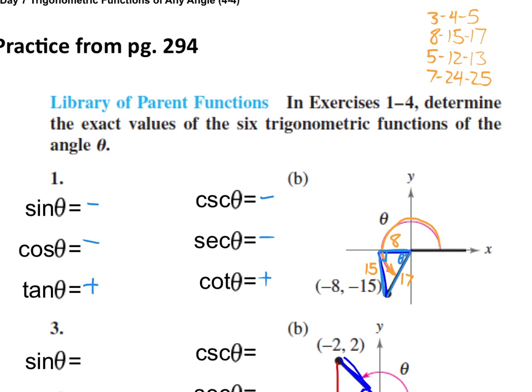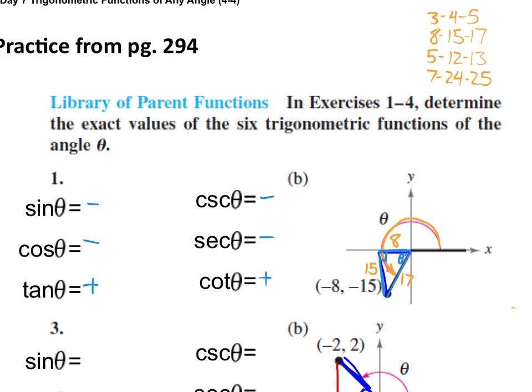Those are four common Pythagorean triples. If you keep those in mind, that might help you. We like our triples, especially if you're taking the SAT or ACT, they show up a lot. Now that we know all three sides of our right triangle, we can use SOHCAHTOA, and then flip them all, and we've got our six trig functions.